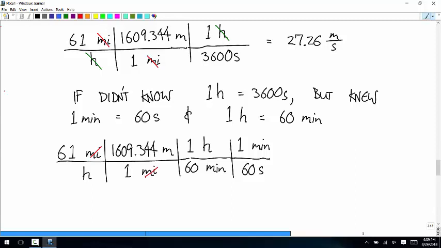So these cancel. The hours cancel. Minutes cancel. And if you look at what units are left, you have meters in the numerator, seconds in the denominator, so that's what we want. And now you just multiply all those numbers out and you get the same thing.